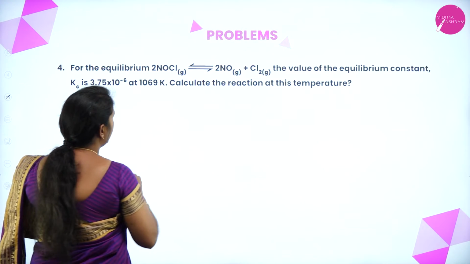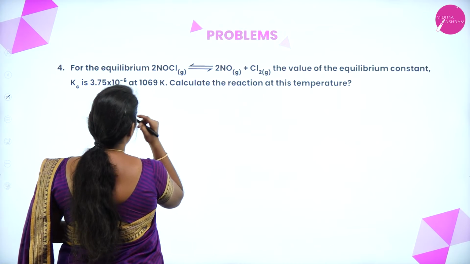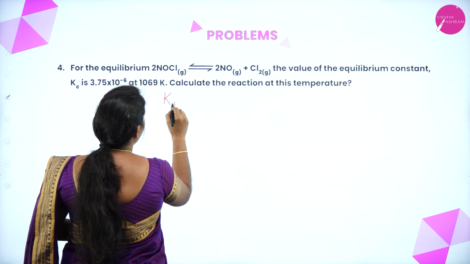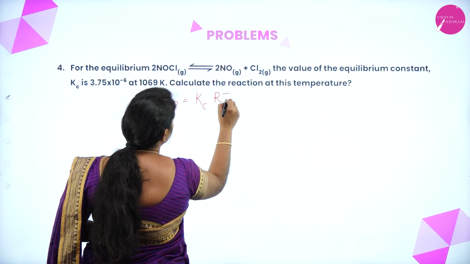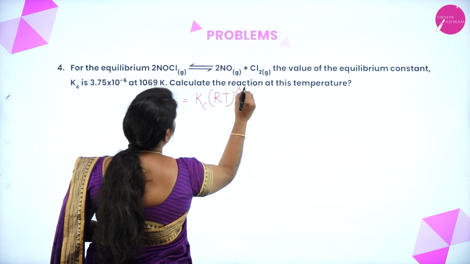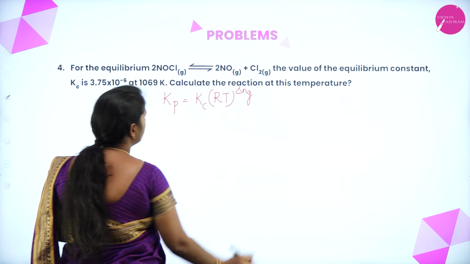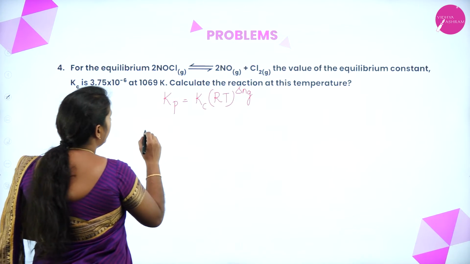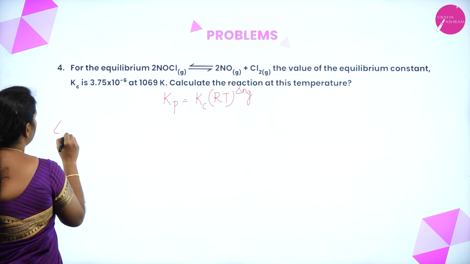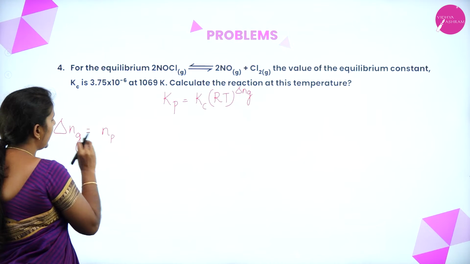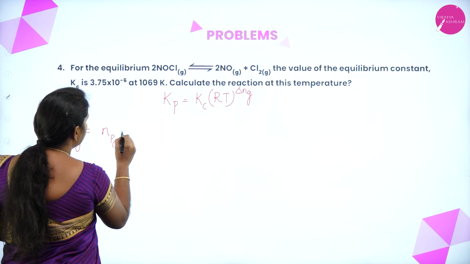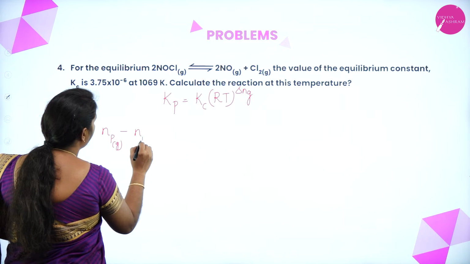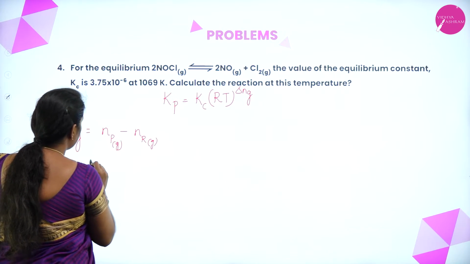So we have the relationship between Kc and Kp, that is Kp is equal to Kc into RT raised to the power of delta Ng. Correct now? And we know that delta Ng is obtained by the number of moles of product in the gaseous state minus the number of moles of reactant in the gaseous state.